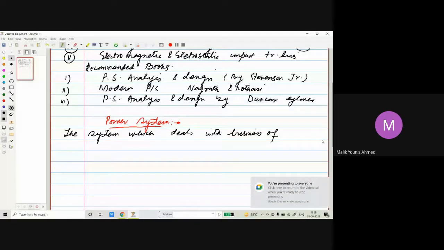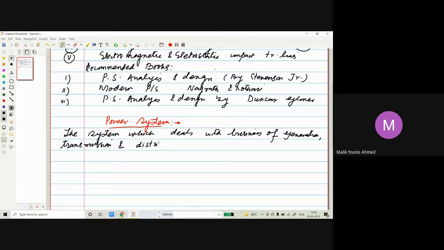Okay. So what is a power system? Basically, a system which deals with the business of three things: generation, and then after the generation we have transmission, and distribution.